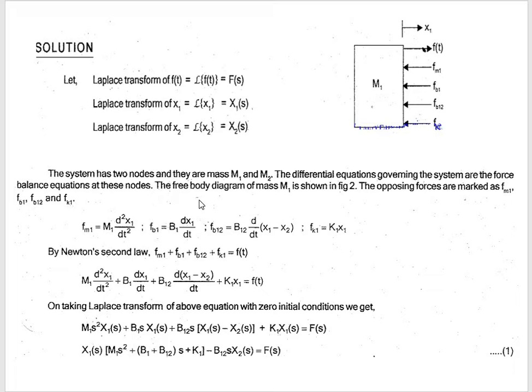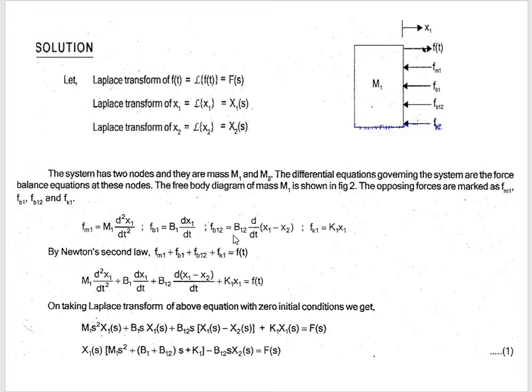So for the first node M1, we have different opposing forces, that is F11. That F11 is directly proportional to acceleration of the body, so it can be represented by m1 into d square x1 divided by dt square. Likewise we have to write the equation for different forces, and the Fb1 can be written as b1 into dx1 by dt.